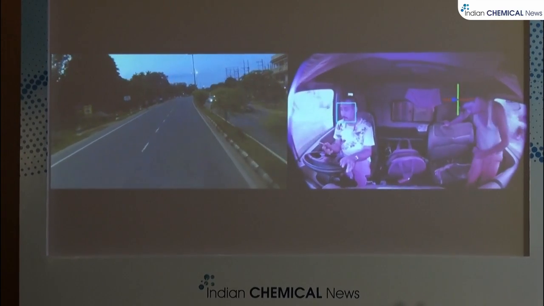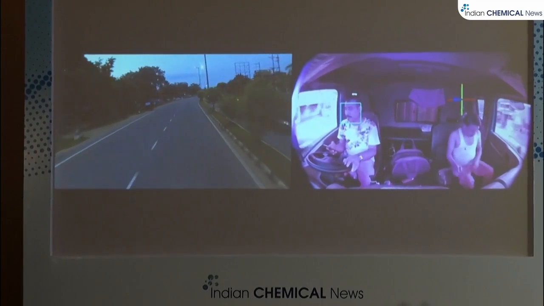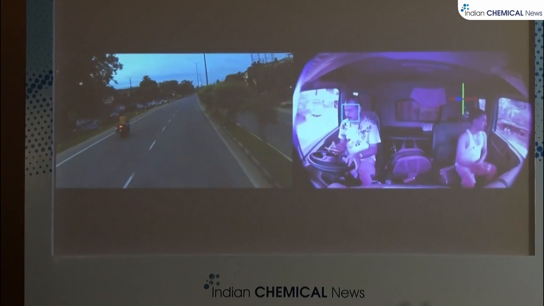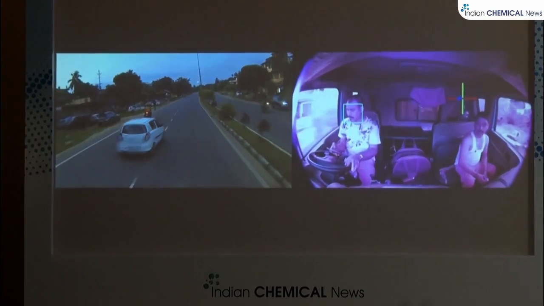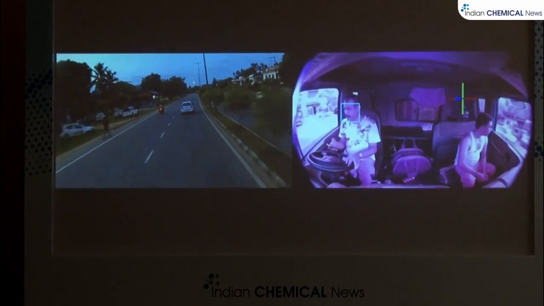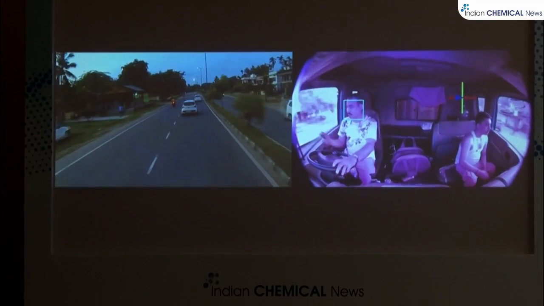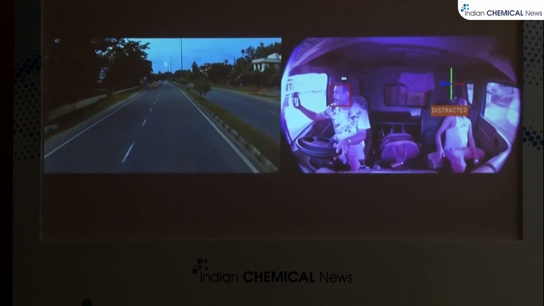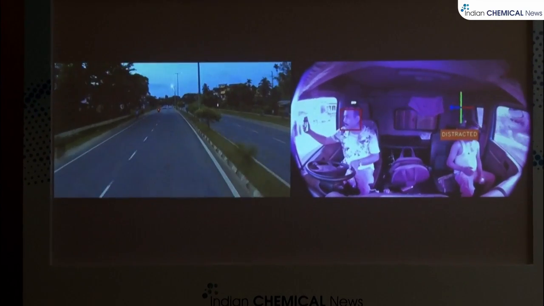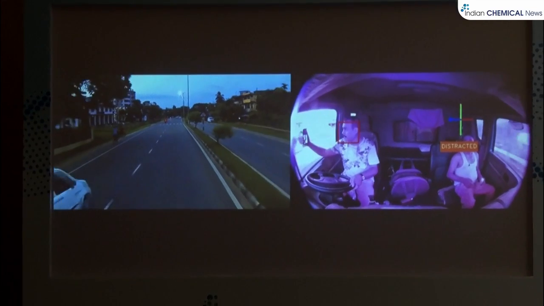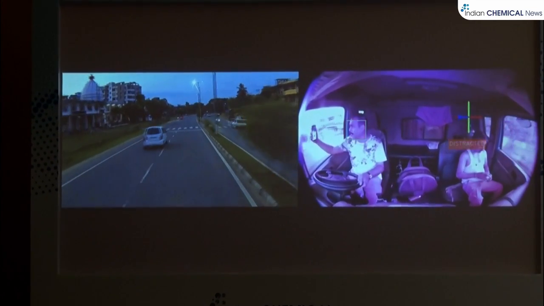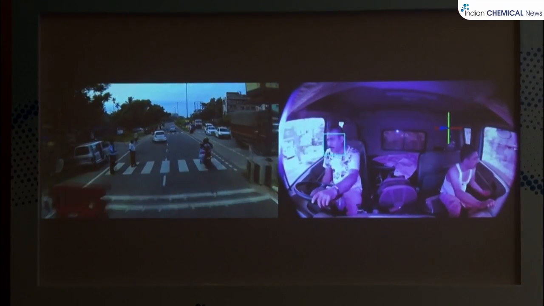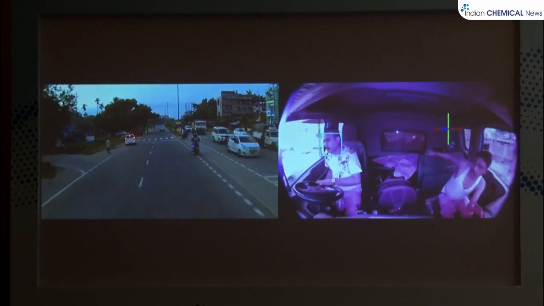And I would want you to watch the driver's eye, and he is not keeping an eye on the road at all. And you will see a distracted sign. Did you see the distracted sign on the side? So that is the analysis. The orange box is the distracted message. Okay, so this is how you will see.